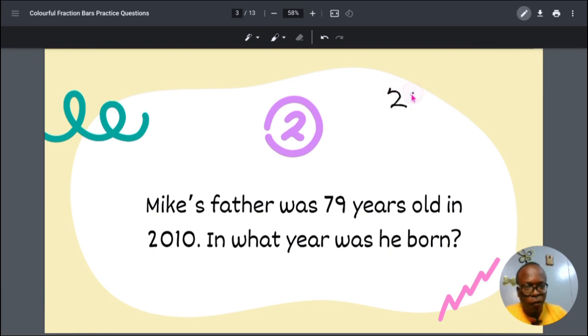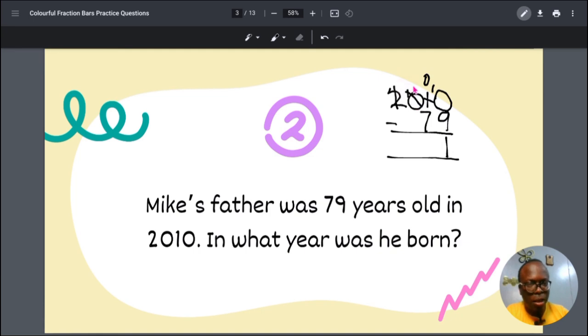So this will give us 2010, which is the year, and then we take away how old he was from it. So let's do this quickly. The year we get here is the year he was born. Of course we borrow 1 from here. This gives us a 10, and that is a 1. This remains a 0. When we borrow 1 from 2 here, it comes here, that becomes a 10.